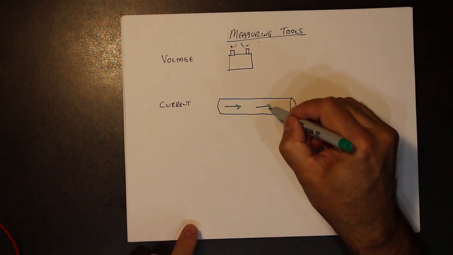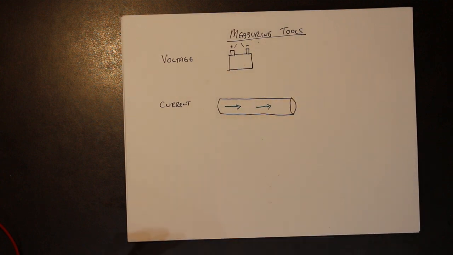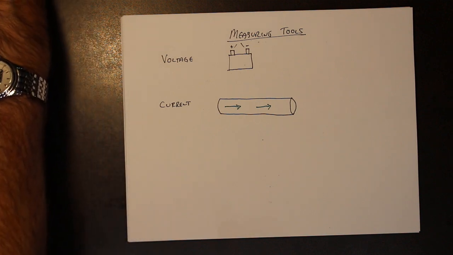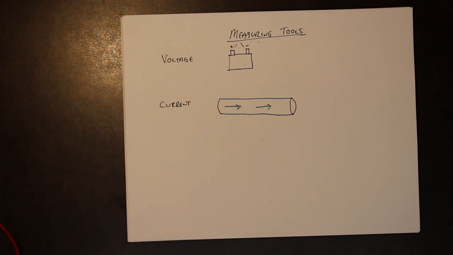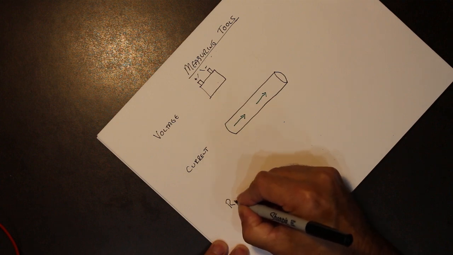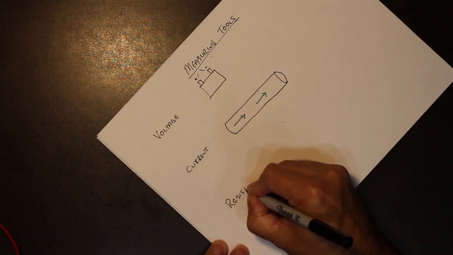The movement of that electricity, that is a measurement of current. So if we wanted to, we could actually measure current. Now I'm going to show you the last one. The last one is a measurement of resistance.